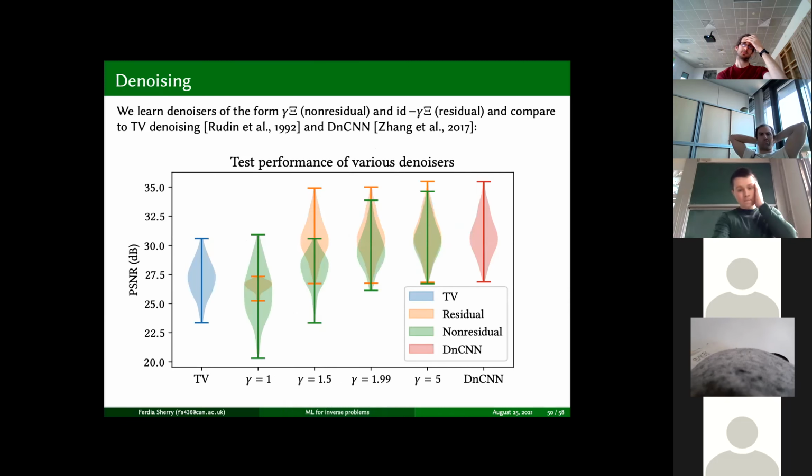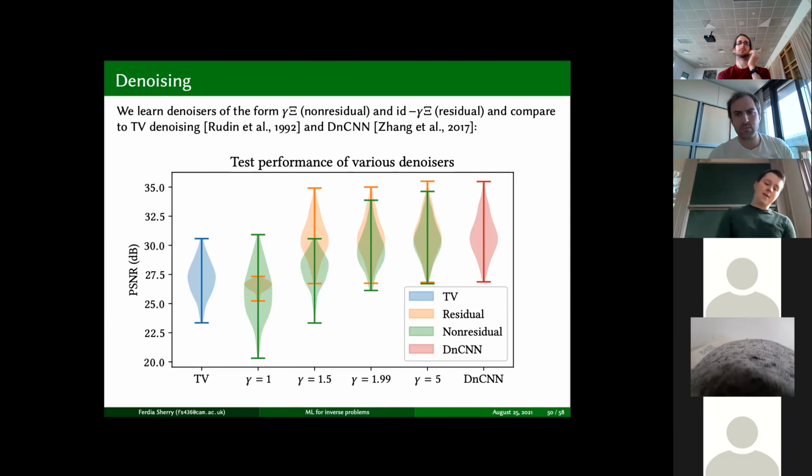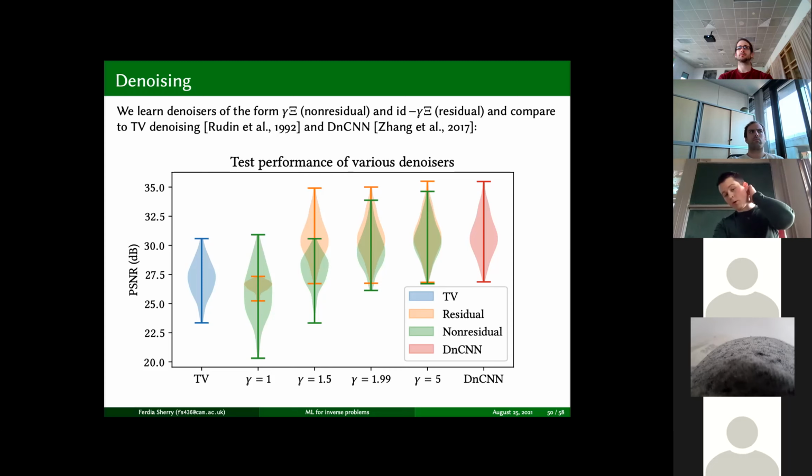So I was sort of alluding to the fact that we'd like to use these as models for proximal operators, basically, right? So as models for denoisers. In that case, you want to train your non-expansive network or your averaged network to solve a denoising task.